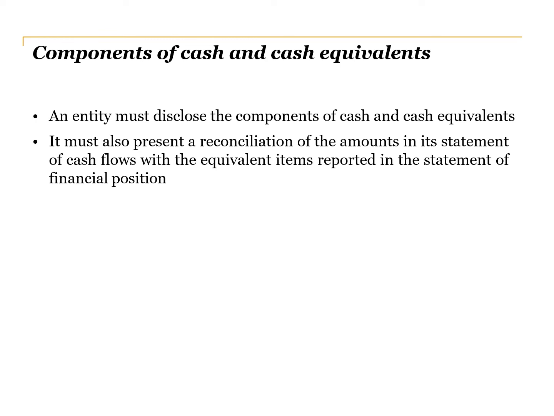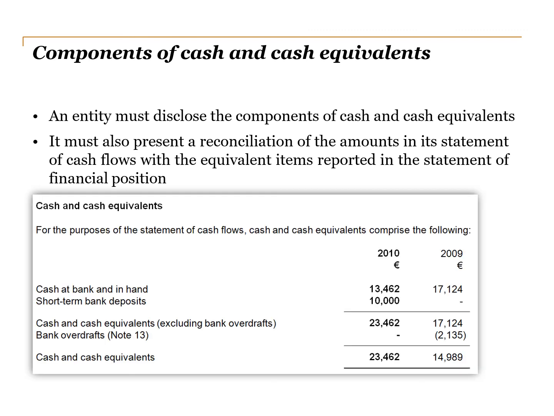As you may know, the financial statements are composed of a balance sheet, an income statement, a statement of cash flow, a statement of changes in equity, and obviously as well of the notes. So the notes should disclose the components of cash and cash equivalents, those that meet the definition of cash, those that meet the definition of cash equivalent.